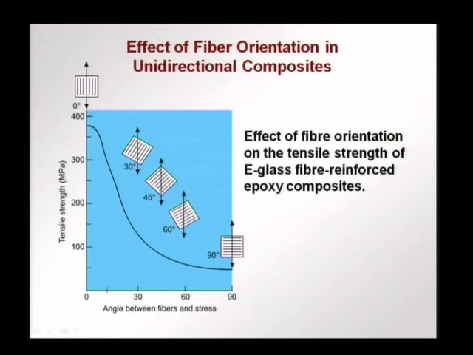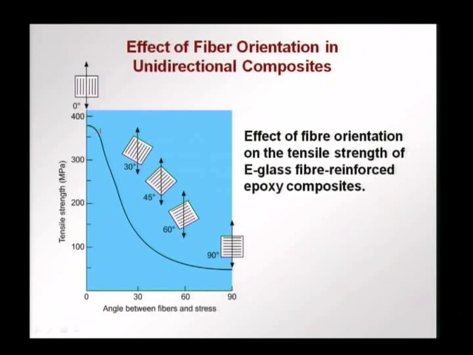In this case we have on the y axis the tensile strength, and on the x axis we have the angle between the fibers and the stress, and we see that if we pull along the direction of the fibers, we have a very high tensile strength, because this is the direction where the fibers are acting, and the fibers are those which have the highest stiffness and the strength, and not the polymer.